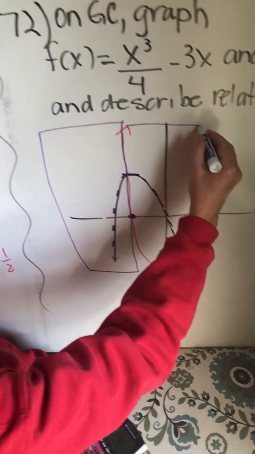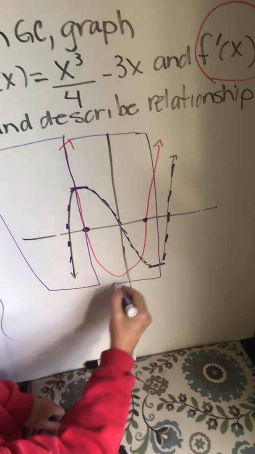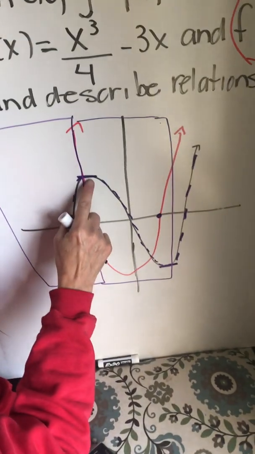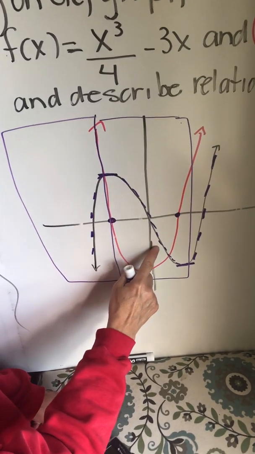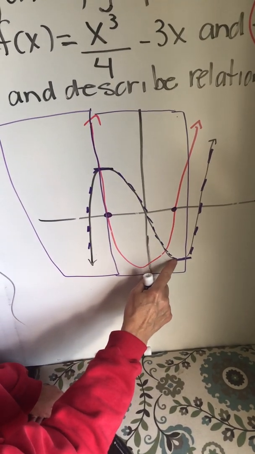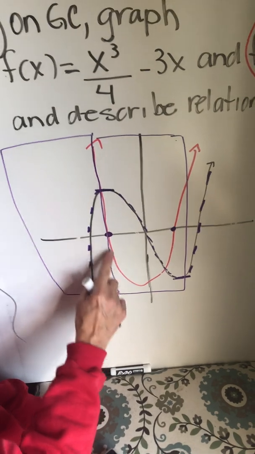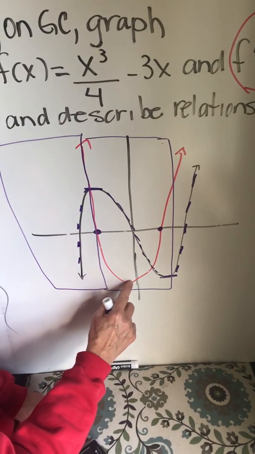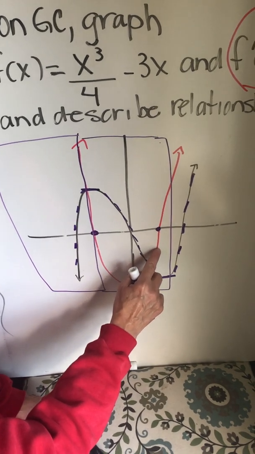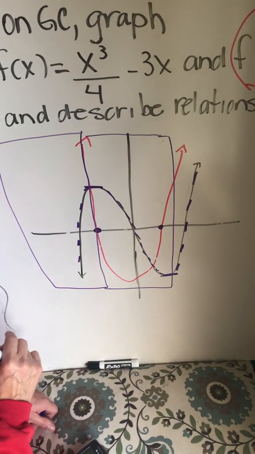In between here, take a look at these slopes. Notice that they start at 0, become more and more negative, and then start to approach 0 again. Notice that's what our derivative graph did. Negative y's, very negative, and now they're still negative but approaching back to 0.